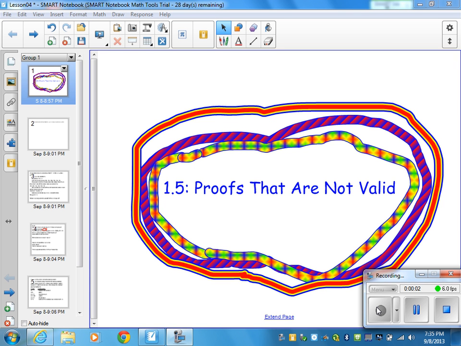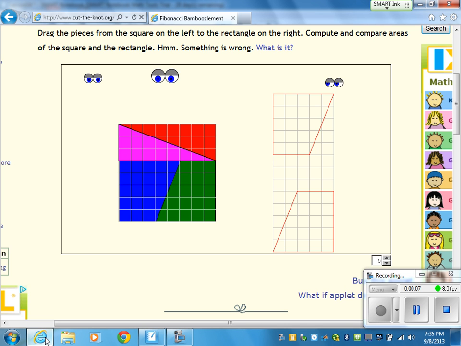Section 1.5 is titled Proofs That Are Not Valid. Okay, take a look at this. So on the left we have a square that is 8 by 8, which is 64 units squared. But look what happens.